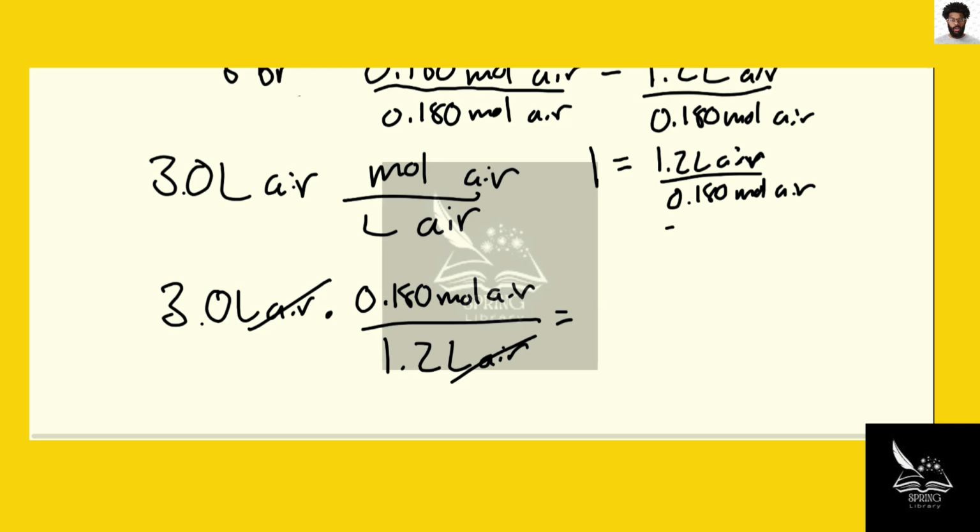It's 3.0 divided by 1.2 times 0.180, and I get 0.45. So there are 0.45 moles of air in a 3-liter balloon.